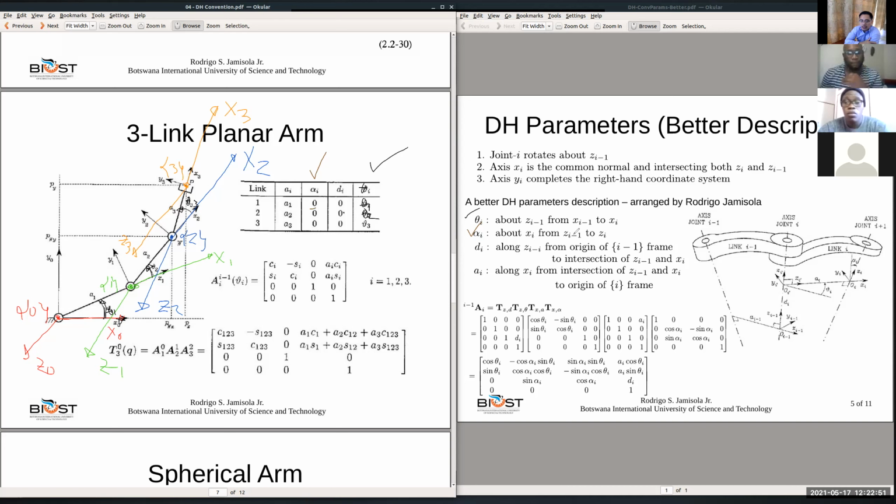Which part? Do you understand the part where your thumb goes in the direction of x2? Take your thumb out in the direction of x2, and the 4 fingers in the direction of z1.